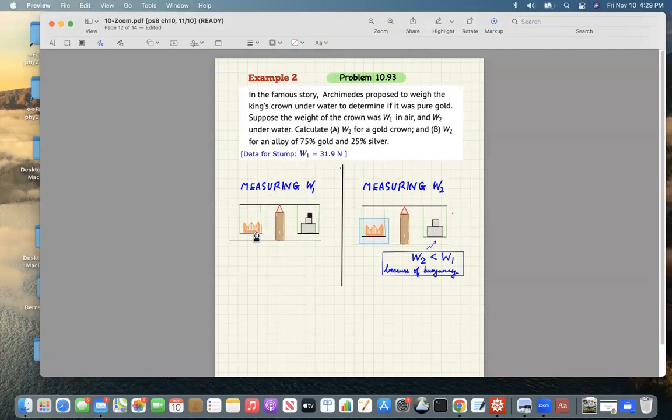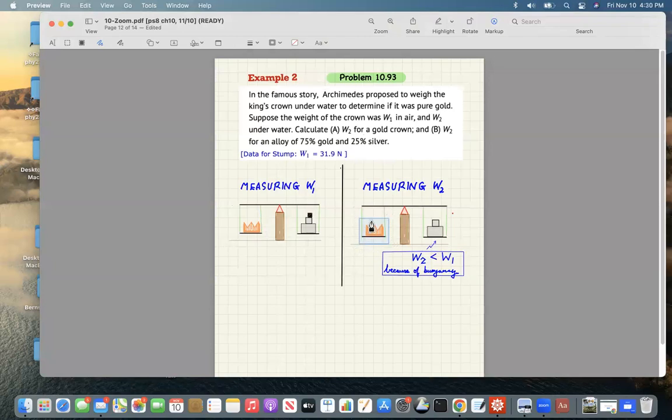So he can measure the weight of the crown using some kind of balance when it's just in air. And then he would balance the crown with some known masses.